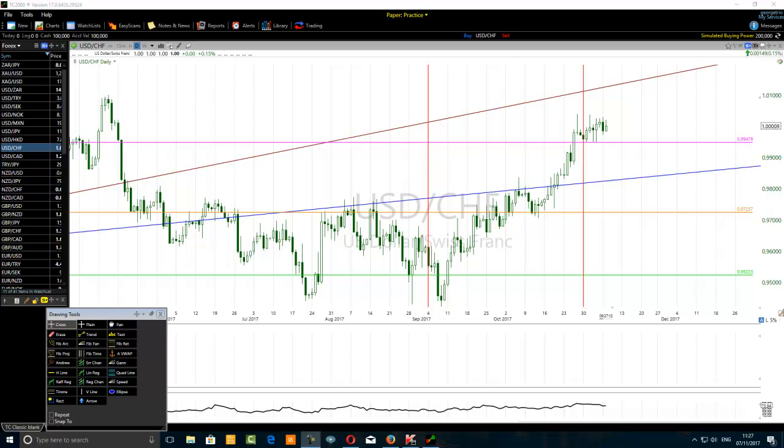We already know that if the euro dollar, euro USD, is going up, the dollar Swiss franc will be going down. In theory. Sometimes they do not do that, not always, but very often that's what you will see. But if the euro dollar is going down, the dollar Swiss franc will be going up.